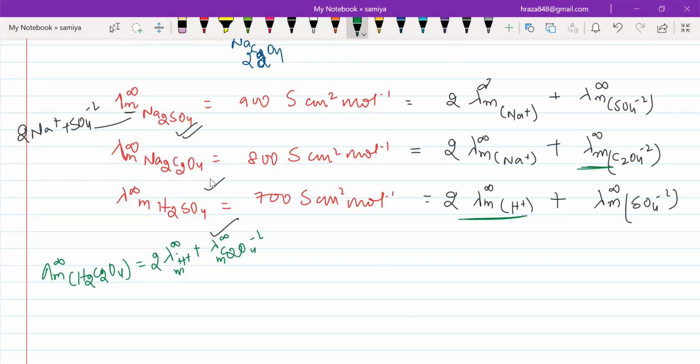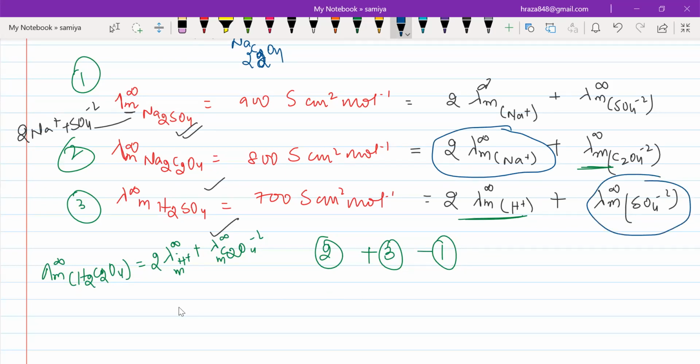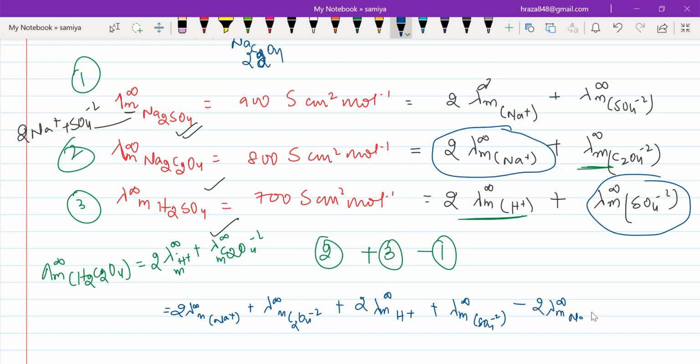So for equations 1, 2, 3, we are going to do 2 plus 3 minus 1, because with the second and third equations we get this extra, so we will minus it. 2 plus 3: 2 lambda infinity m Na plus lambda infinity m C2O4 minus 2, plus 2 into lambda m H plus lambda m infinity SO4 minus 2, and minus the first equation: 2 into lambda m infinity Na plus, and minus lambda m infinity SO4 minus 2.